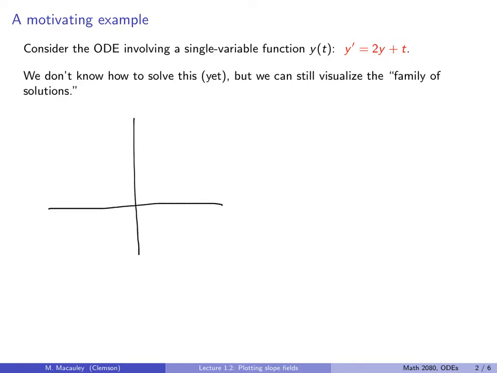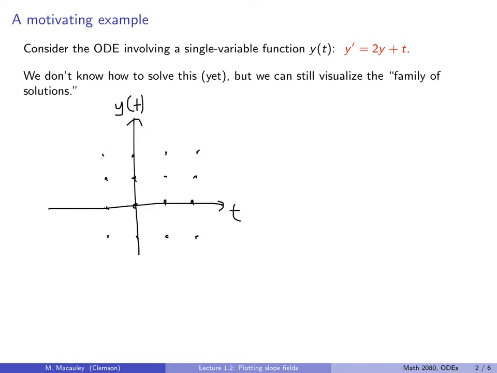So let's plot. We want to plot the solutions, so functions y of t. What we're going to do in this sort of dumb example is mark off integer lattice points like this, and at each point there's going to be a solution that goes through that point, and I want to figure out what the slope of that solution is.